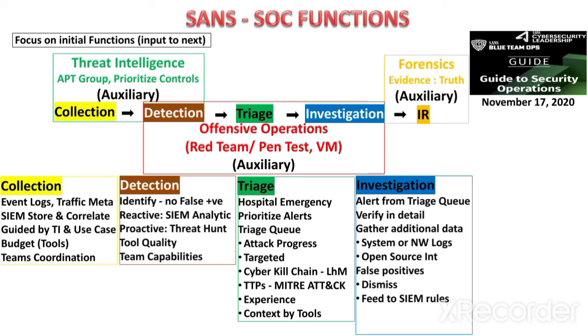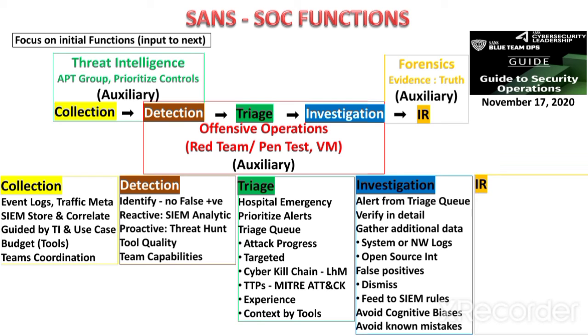Or if the alert is a false positive, then the analyst has to dismiss it, and also provide input to the engineering team to reconfigure the security information and event management rules so that such false positives do not occur. Now the analyst has to avoid the cognitive biases, and also has to avoid the known mistakes, and this is very common for a new analyst. So a new analyst needs training on the known mistakes during investigation.